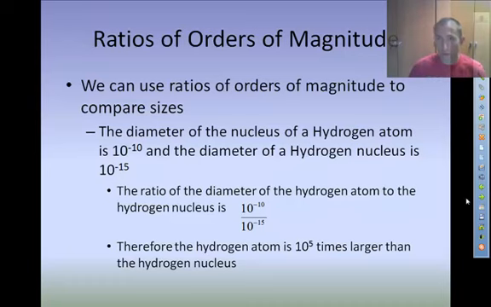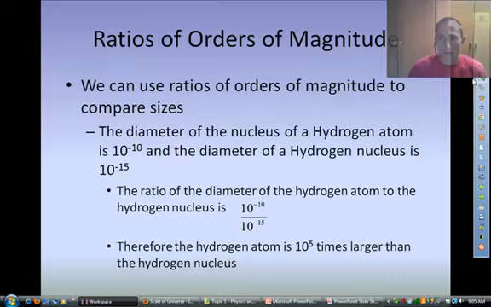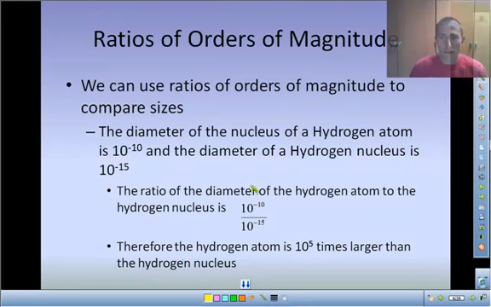Here we're comparing the ratio of the diameter of a hydrogen atom to the hydrogen nucleus. The hydrogen atom itself is much larger because it includes both the nucleus and that electron that's orbiting around the outside, so the diameter of the hydrogen atom is roughly 10 to the negative 10th.